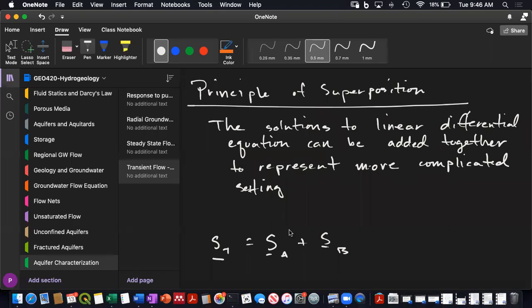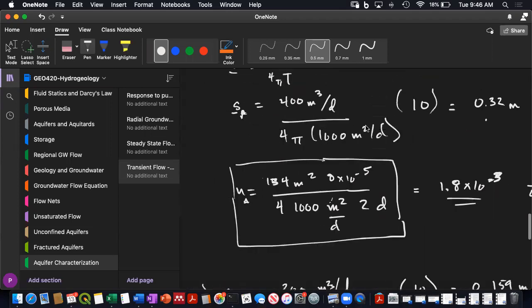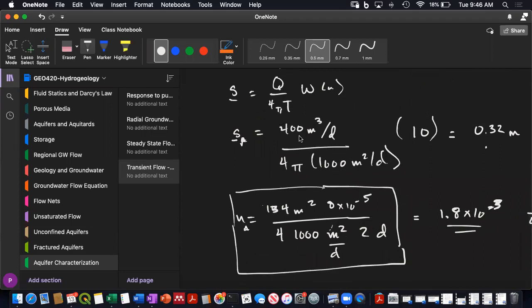All right, so on Thursday we're going to do the opposite. What we end up doing in a pump test: the Theis solution allows us to predict the drawdown, given transmissivity and storativity, right? What we'll do Thursday is the inverse of this problem. We'll say, hey, we observed drawdown.